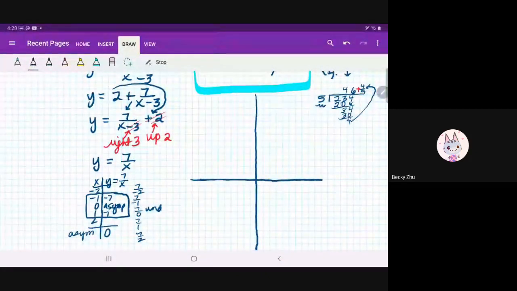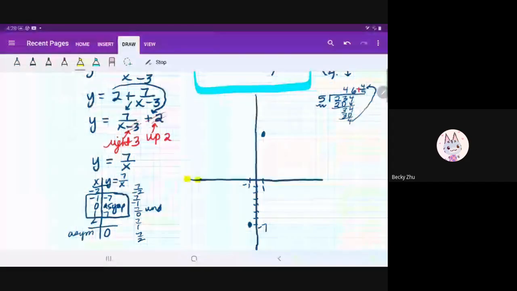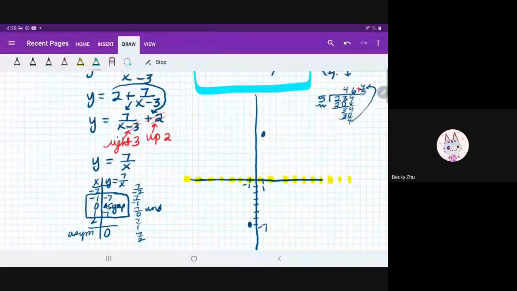Okay, so -1, -7, and 1, 7, which makes sense that this is a vertical stretch. And then my asymptotes are the yellow and the blue.